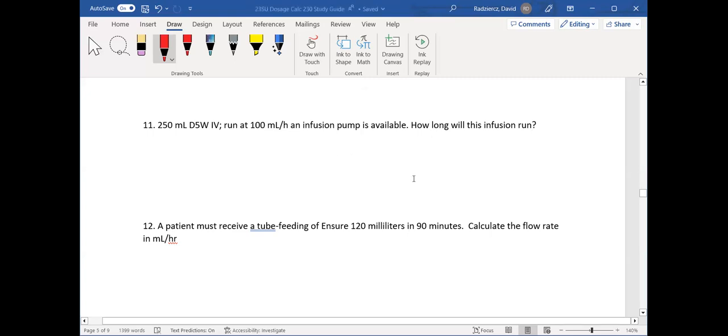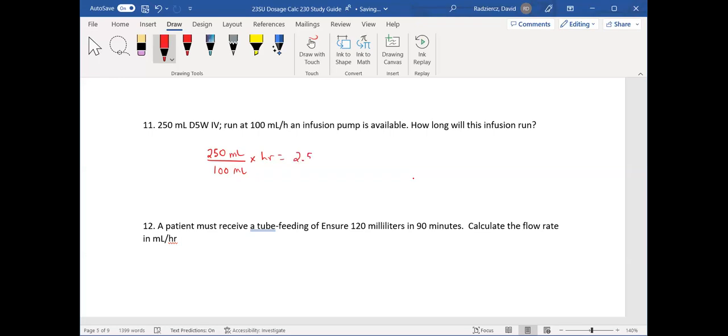The way you would solve something like this, you would start with the 250 milliliters and then just divide by the 100 milliliters times your hour. So 250 divided by 100. And this would run for 2.5 hours. And then it would need to be replaced.